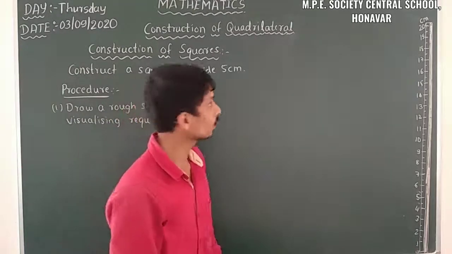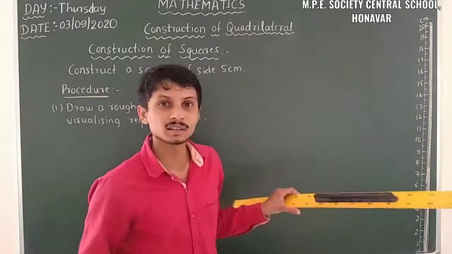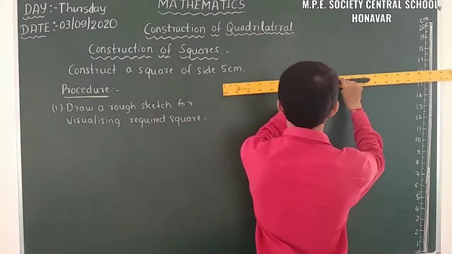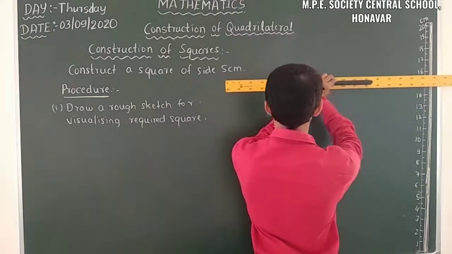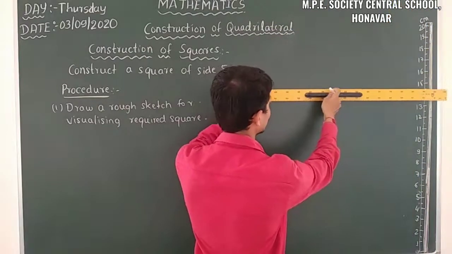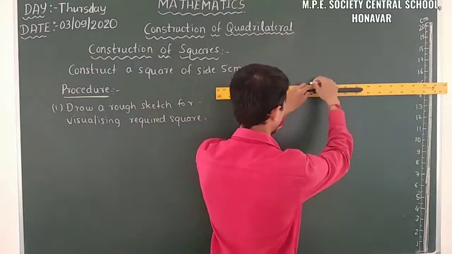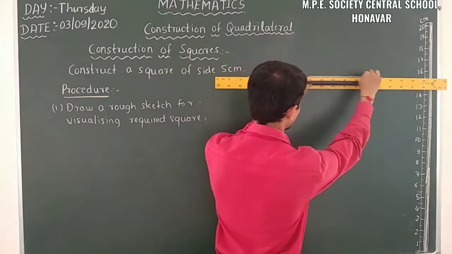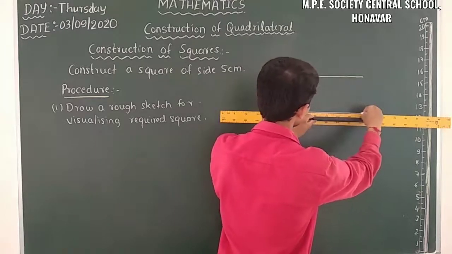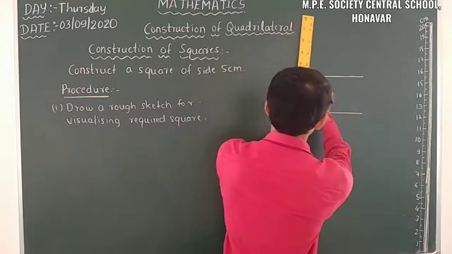Then what do we have to do? Just draw a rough sketch. Here I will draw a rough sketch. Since it is a square, I will draw it like any other quadrilateral.